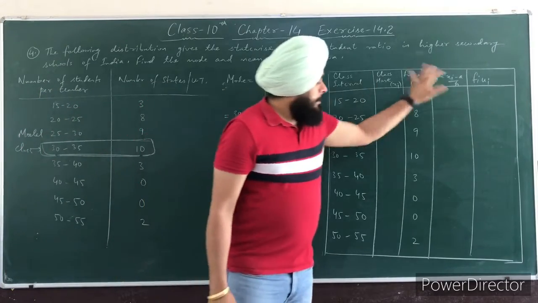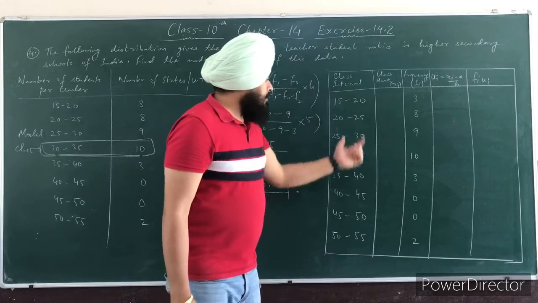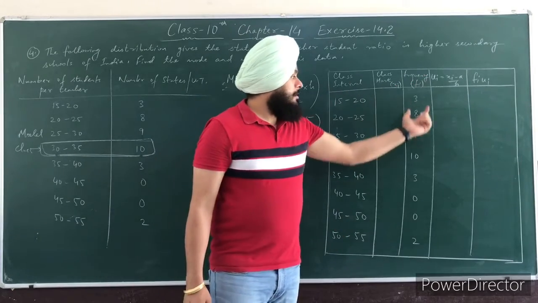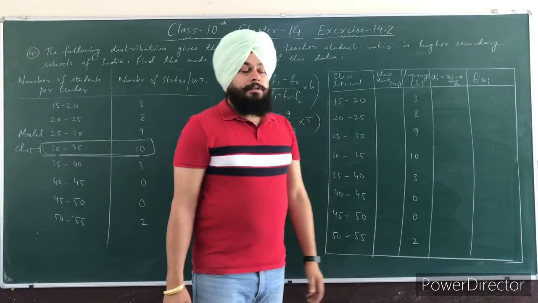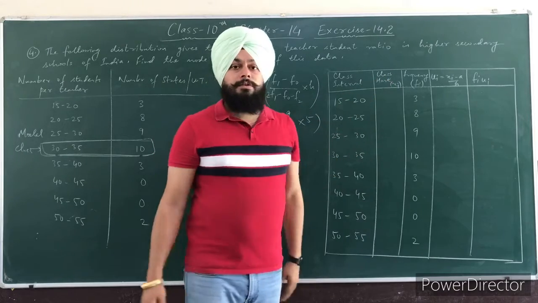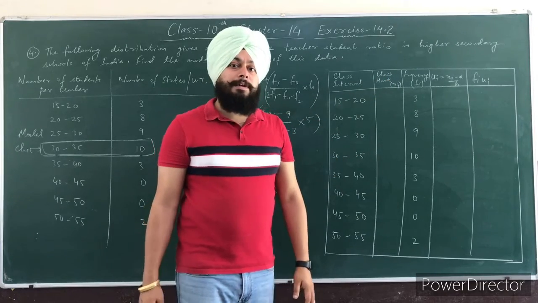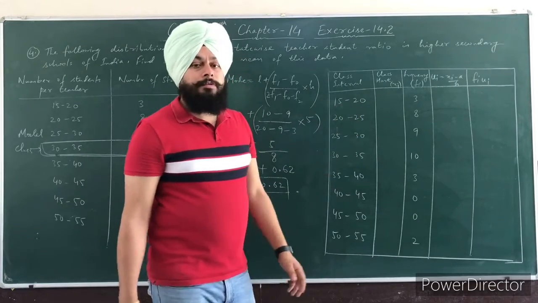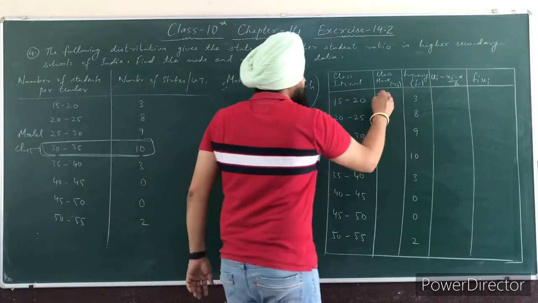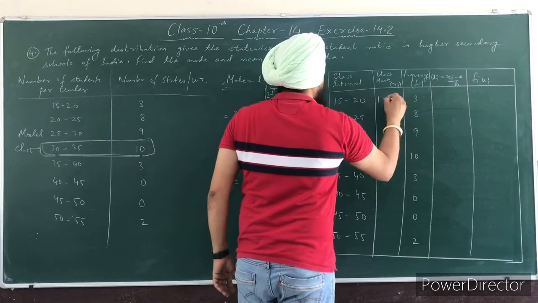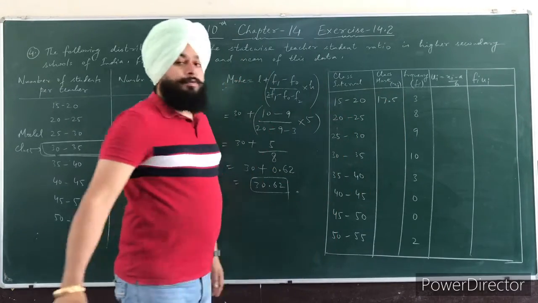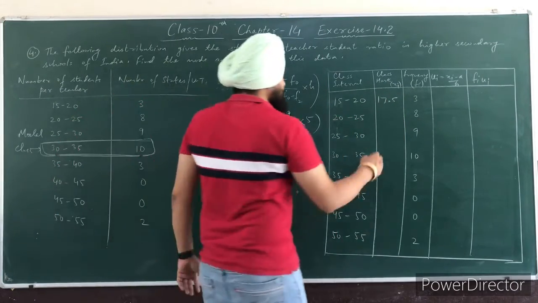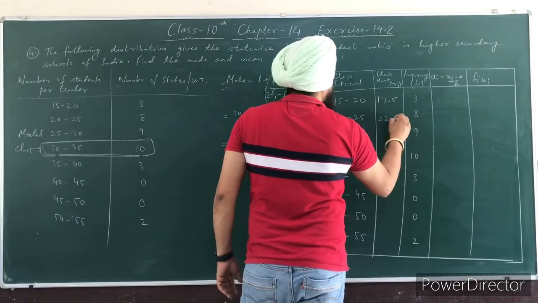So make again a table in which write your first column as class interval and the third column as frequency. So first find the class mark. Class mark is the average of the lower class limit and the upper class limit. So 15 plus 20 is 35, 35 by 2, 17.5. 20 plus 25 is 45, 45 by 2 is 22.5.